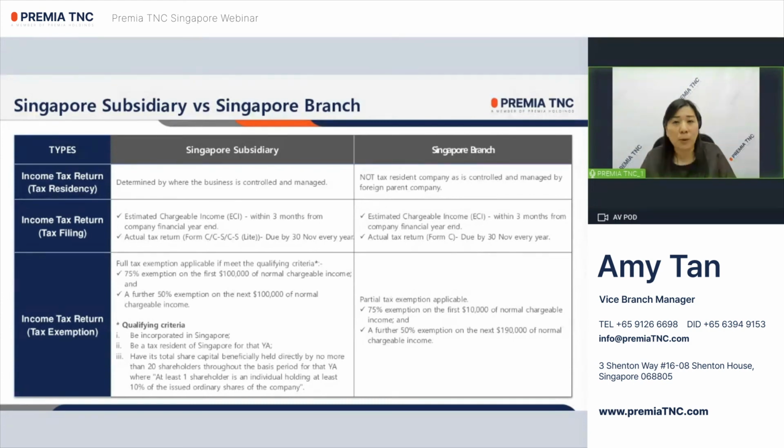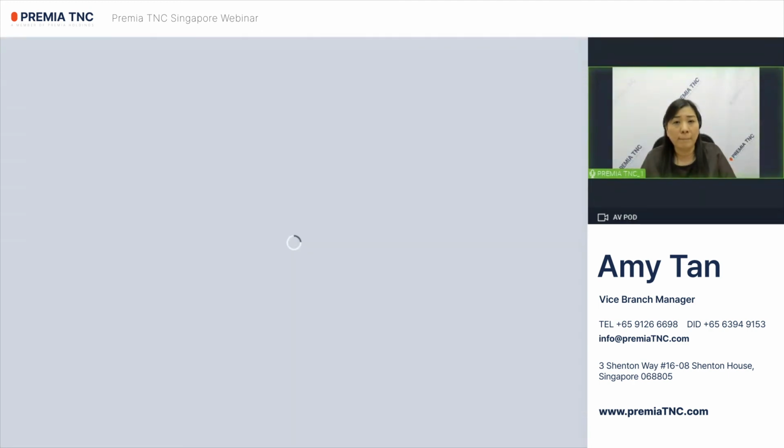As for Singapore branch, only partial tax exemption is given, where 75% exemption on the first $10,000 of normal chargeable income and a further 50% exemption on the next $190,000 of normal chargeable income.